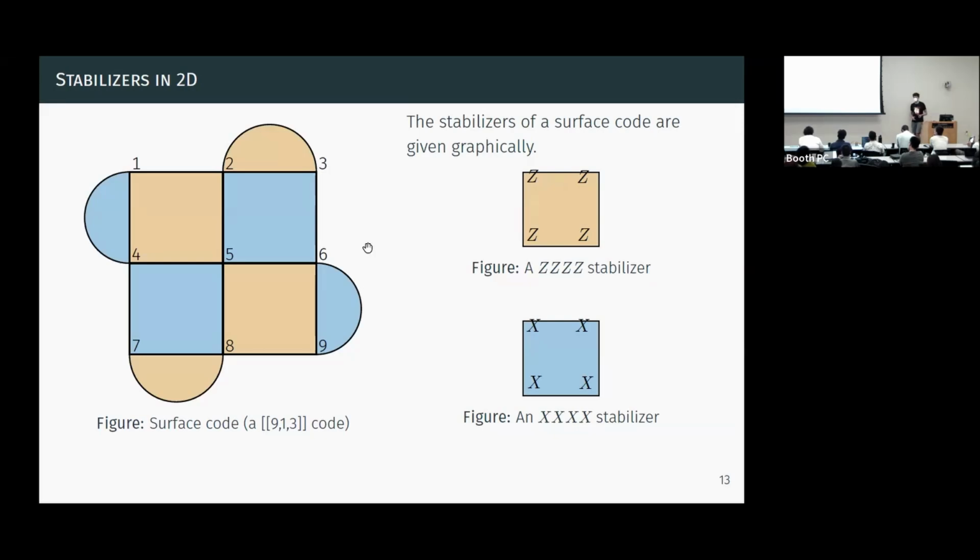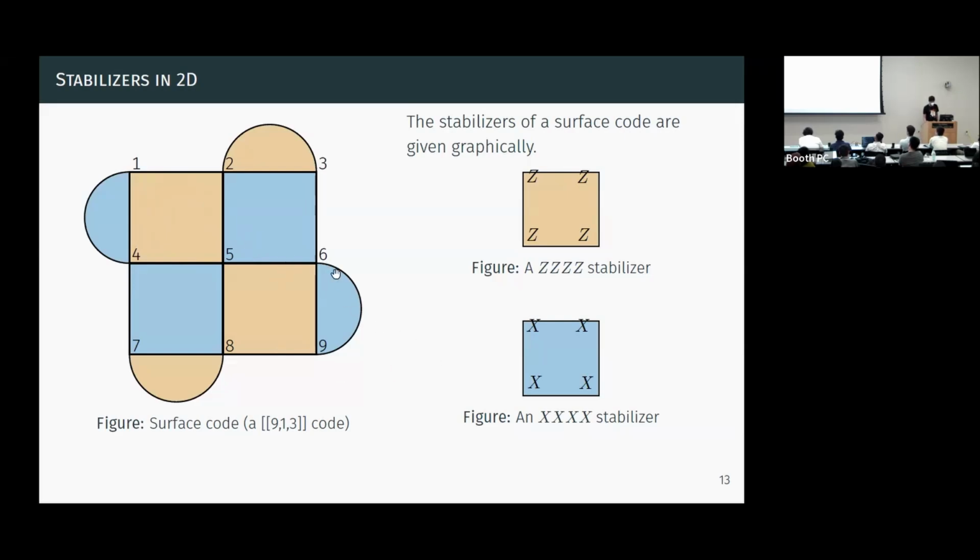So now you know what this diagram means. Maybe you don't, but if you think about it, remember the parity check matrix or the stabilizer generators. They're specified by the drawing. In this case, we have one stabilizer generator which is Z1, Z2, Z4, Z5. So if we have our giant matrix of 9 qubits, we have one stabilizer in there which touches qubits 1, 2, 4, and 5 with a Z-type stabilizer.